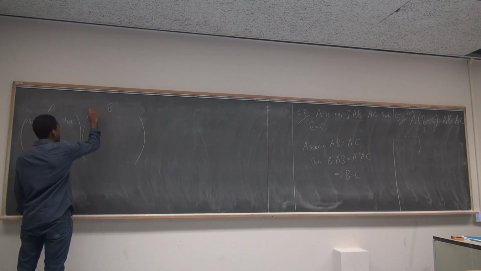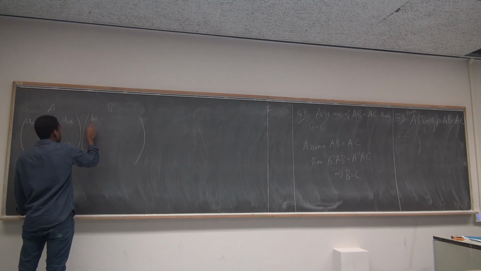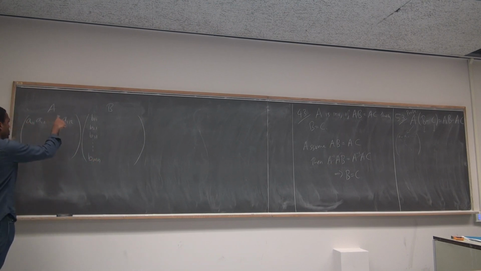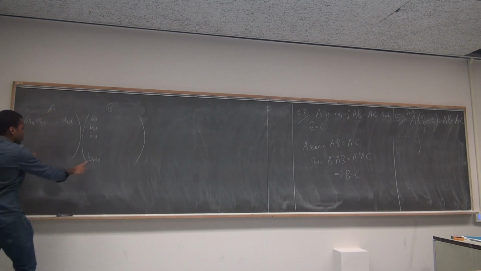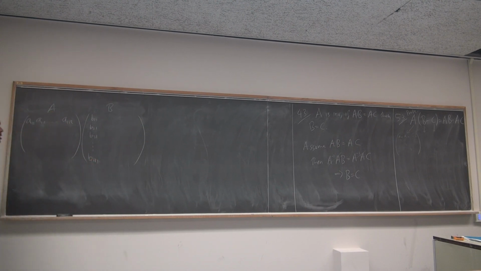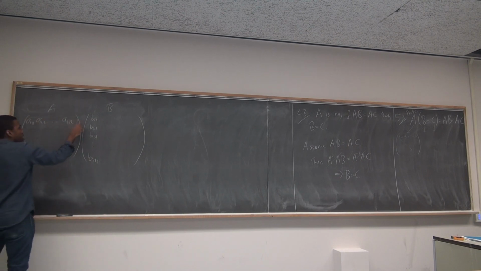And let this be the first column, B11, B21, B31, all the way down to Bn1. I need the number of columns here to be the number of rows there.